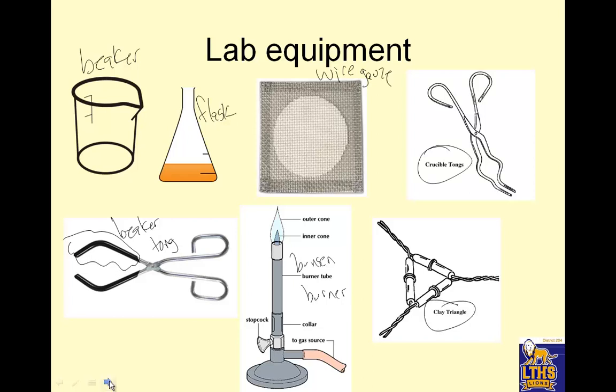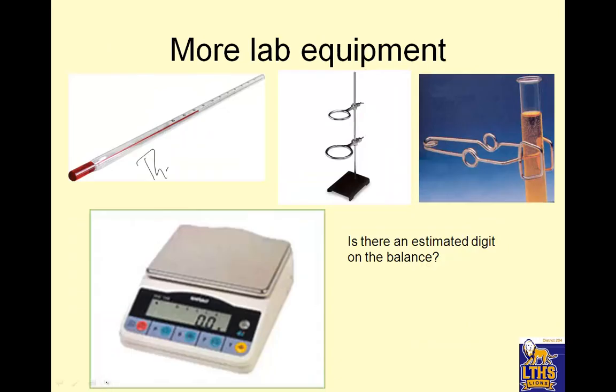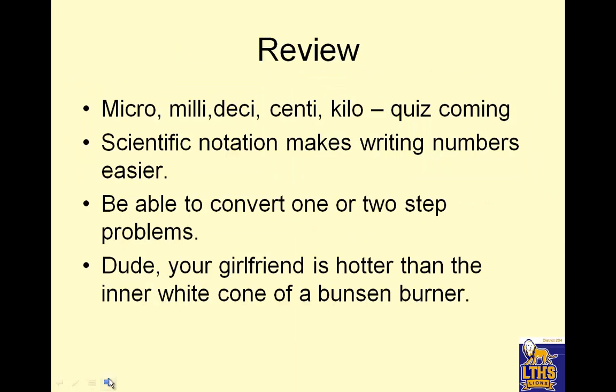Clay triangle is labeled for you. Thermometer. Hey, we used that in class on Friday. Balance. Hey, we used that in class on Friday. This is a ring stand. This is a test tube clamp. That's a test tube. Is there an estimated digit on the balance? Yes. The machine does it for you.